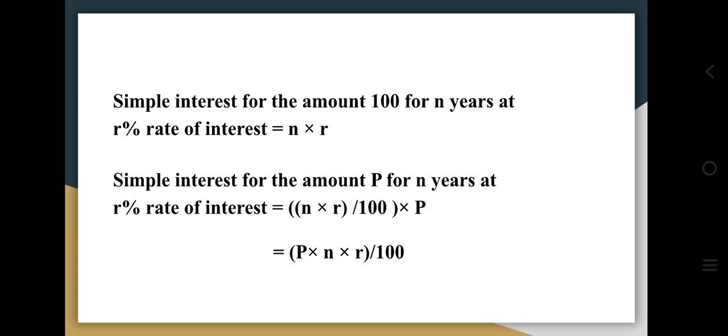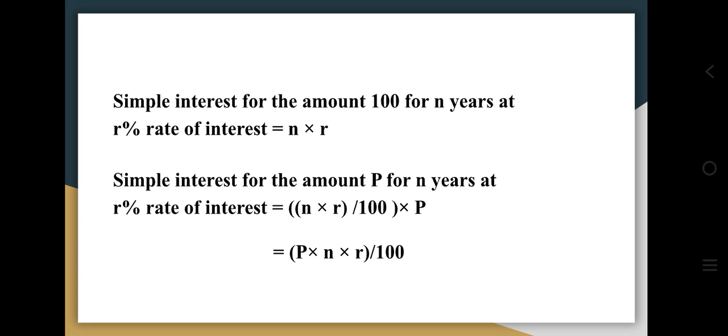And of course, we have noted that simple interest for the amount of 100 for n years at R% rate of interest is n into R. So for 100 at R%, the interest is NR.